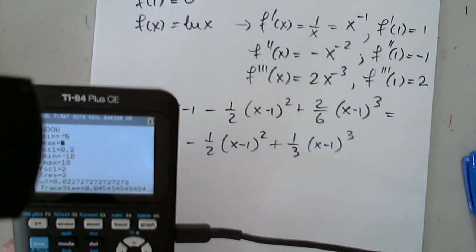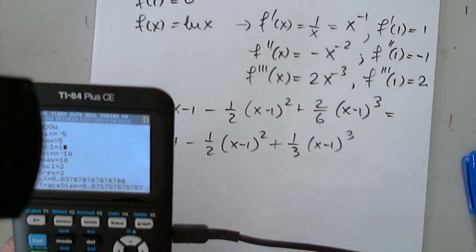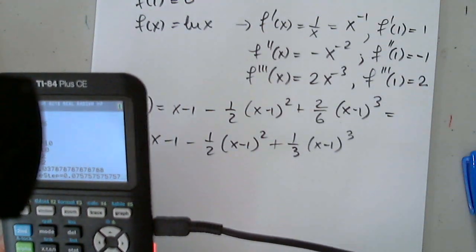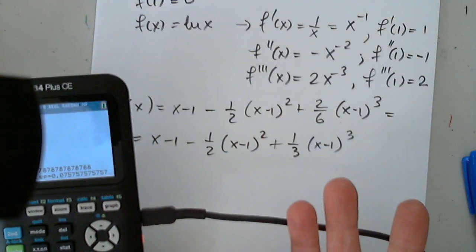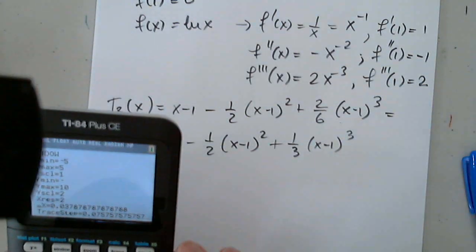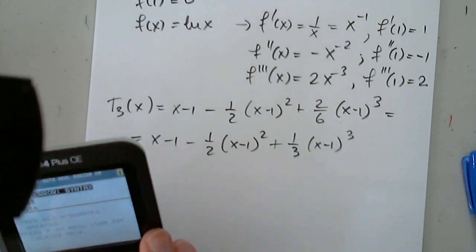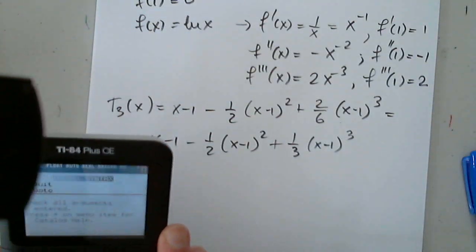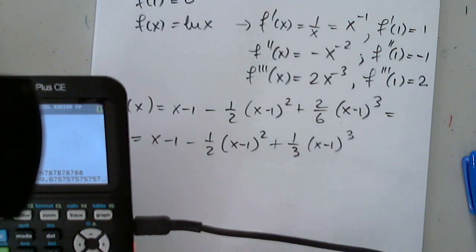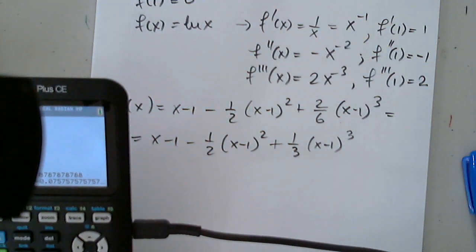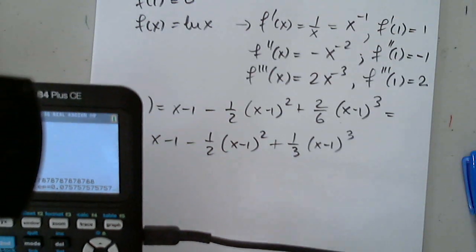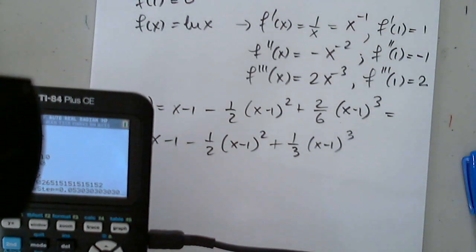Let's say -5 to 5 with a scale of 1. Natural log does not exist at -5 anyway, so let me adjust that better. Since I would like to see the y-axis, I'm just going to put -2 to +5.